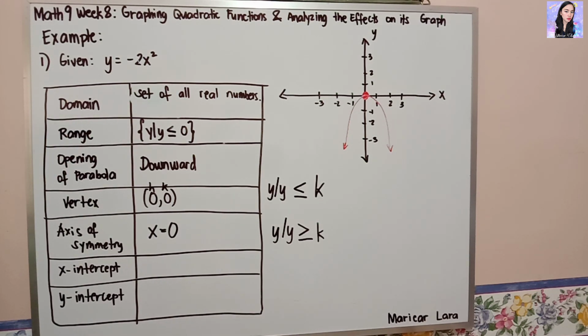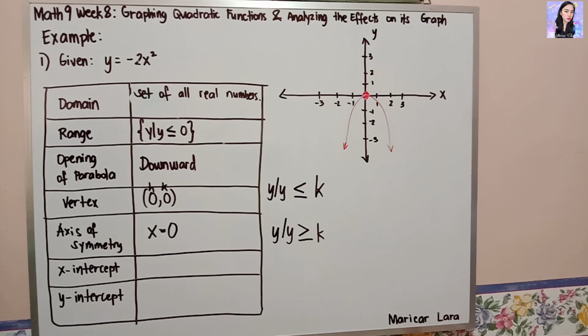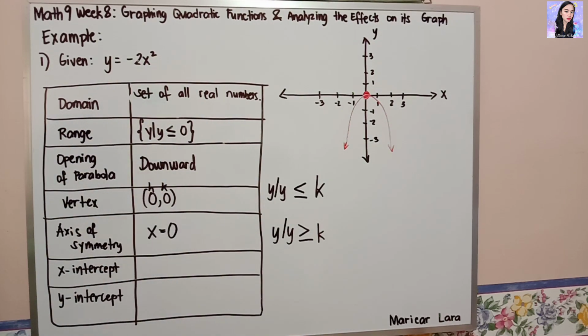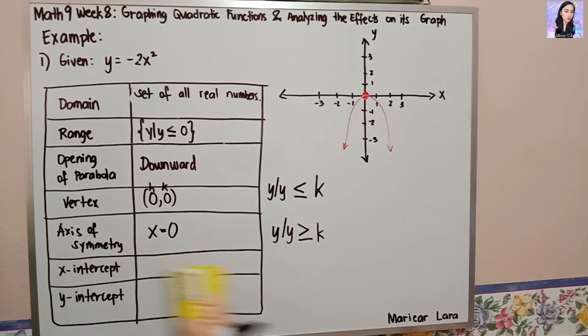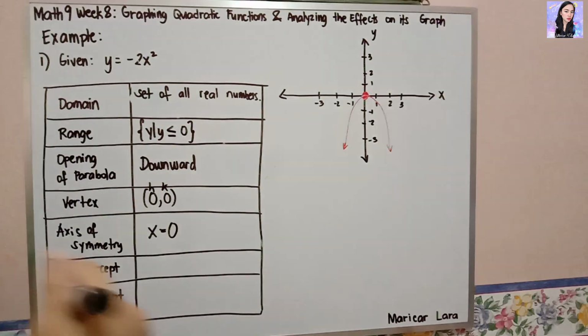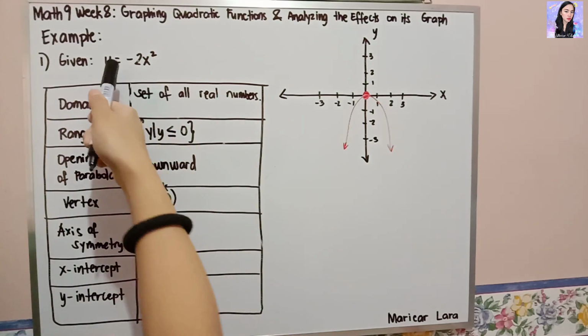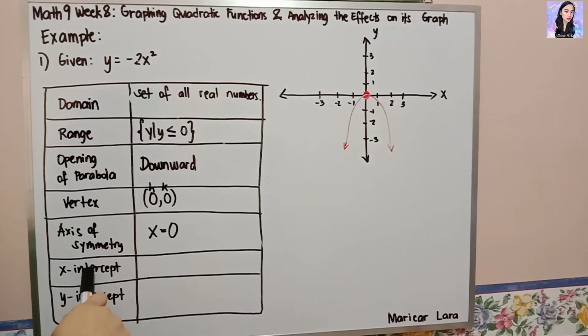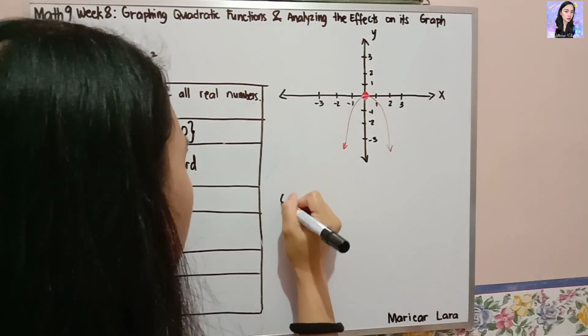Next ay yung X-intercept. So, para makuha yung X-intercept, gagawin lang natin 0 yung Y dito sa ating given equation. So, itong y equals negative 2x squared, para makuha ang x-intercept, gagawing 0 ang y.